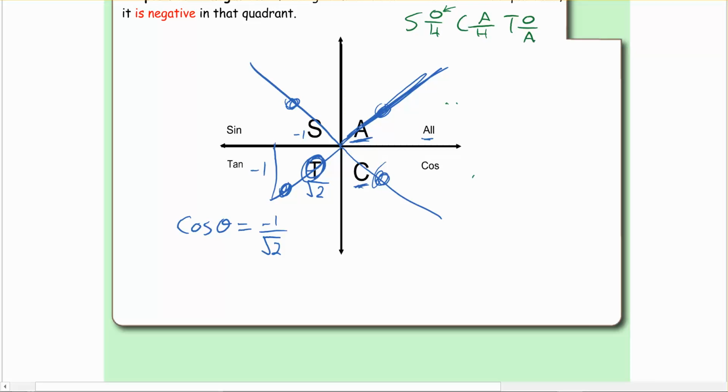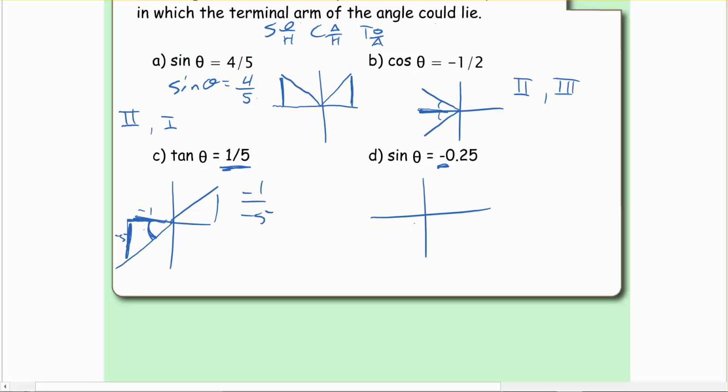It's going to be negative in 3 and 4, right? The two bottom ones is where sine is negative. So it's going to be negative down there. So 3 and 4. Well, I forgot to put that one. This was 1 and 3.